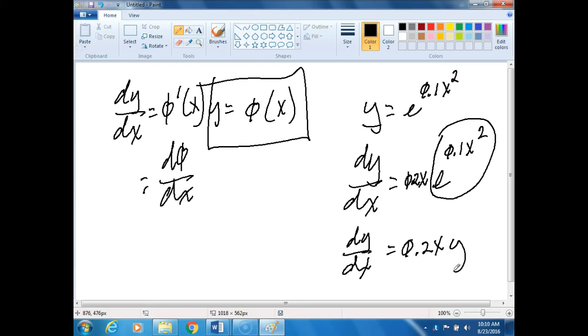Now, if that's where you started and said solve this thing, how? Why? I mean, where does this come from? So that's what this course is about. How to take an equation such as that and find the solutions to it. Okay?